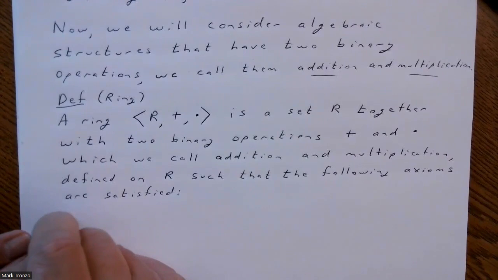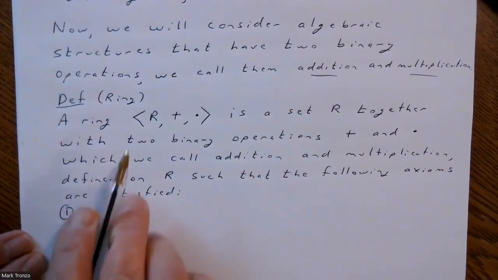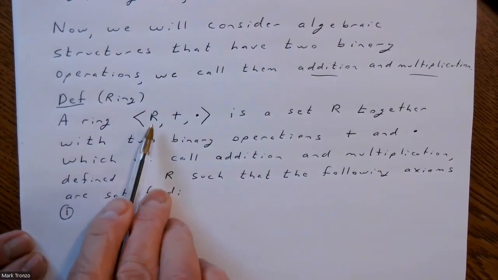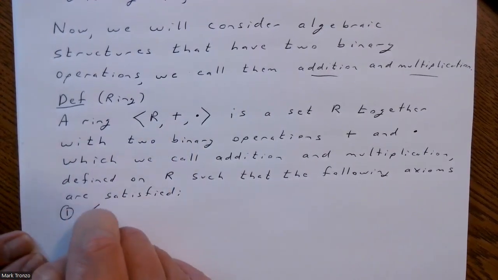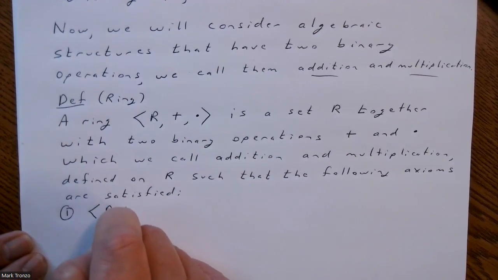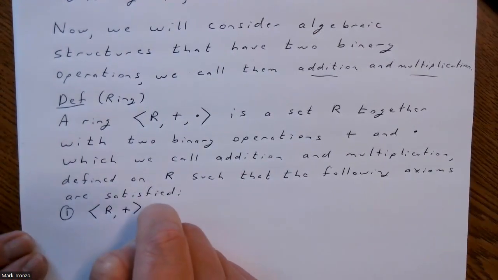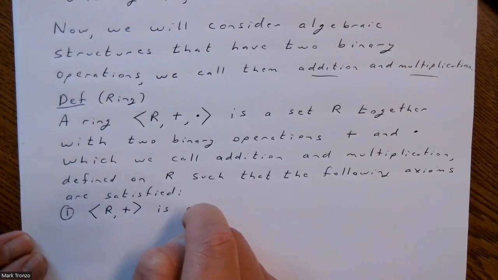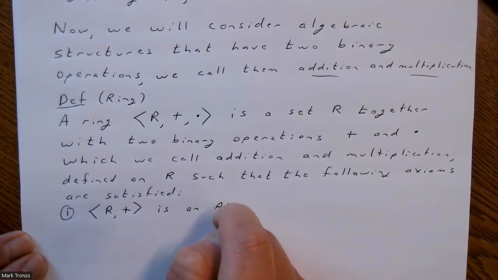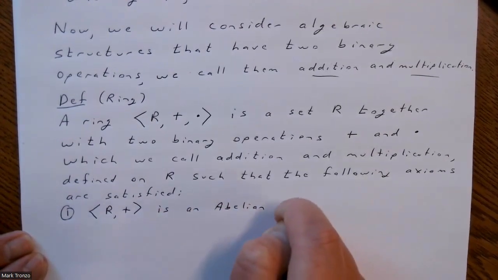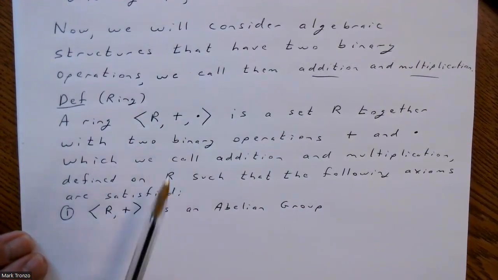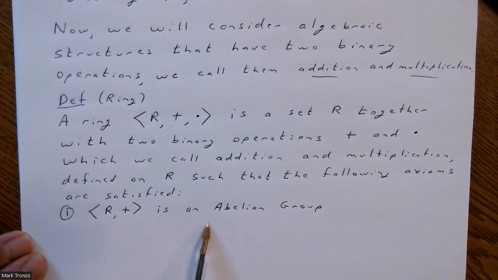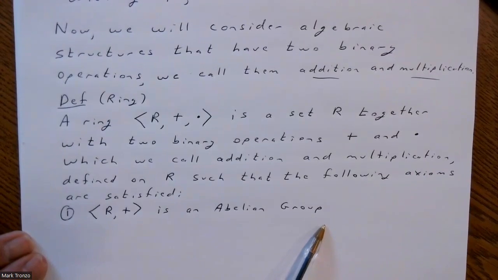One, this set R under the first operation, say under the addition, is an abelian group. In other words, if you just took that first operation with this set, that would form a group, and in fact, it would be an abelian group.